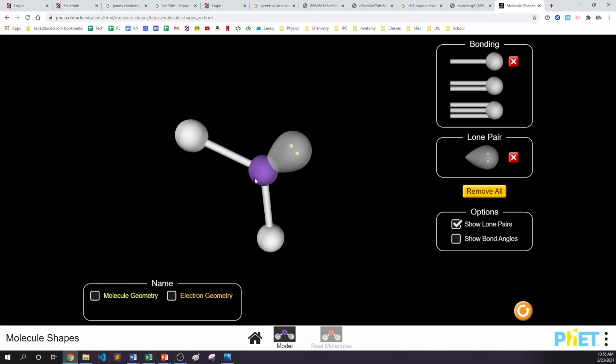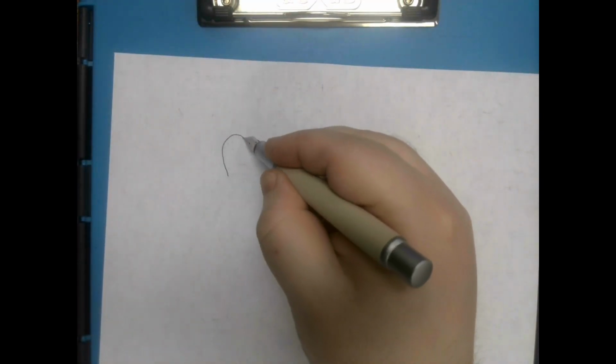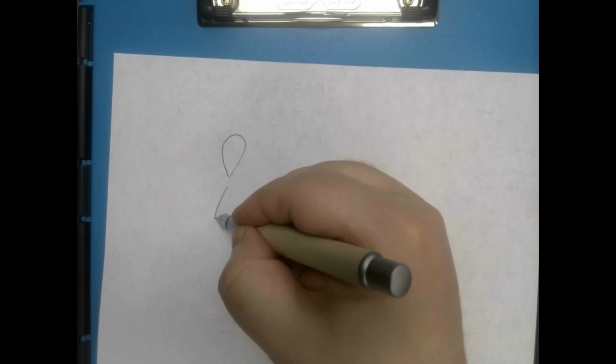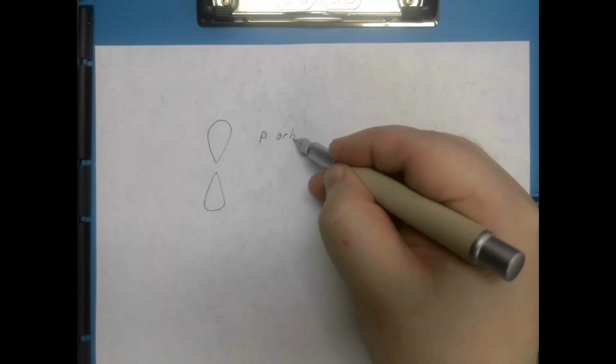A dumbbell? What? When did I use the word dumbbell? What does that shape remind you of? It looks like a p orbital.